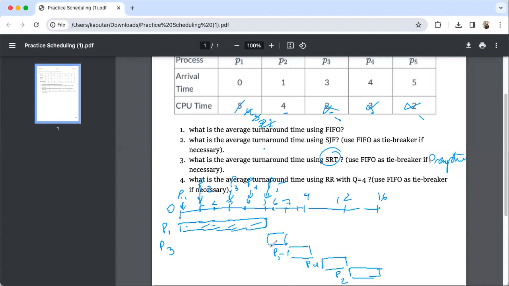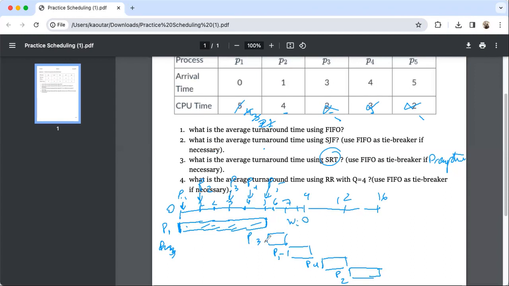Okay, so now to calculate their waiting time, you again ask yourself how long each process stayed in the ready queue. So you can see here that P1, as soon as it arrived at time 0, it started executing and it didn't get interrupted. So the waiting time here is 0.